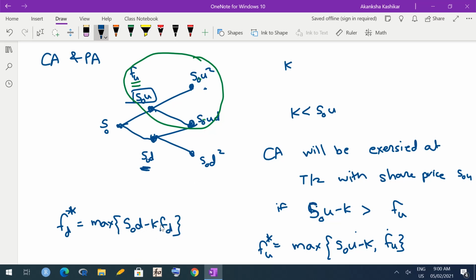Okay, so again we consider possibilities waiting and exercising now, and whichever is larger we take that, and then you compute final value at S naught by taking weighted mean of FU star and FD star instead of FU and FD, because they are the actual worths. Okay, FU FD are not the actual worths. They mask the possibility of exercising early.